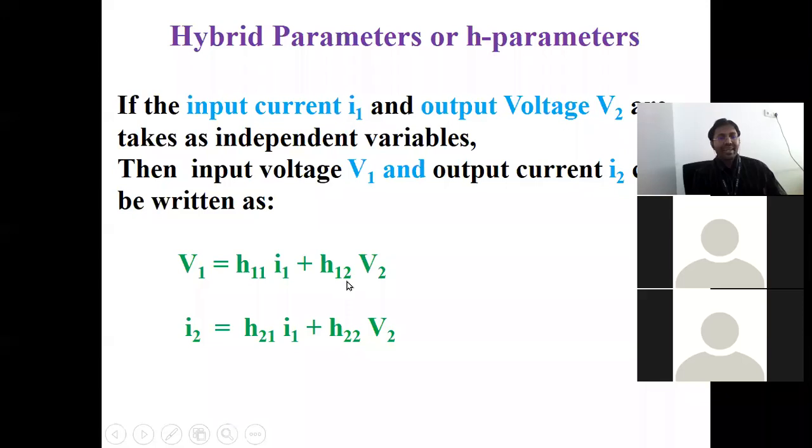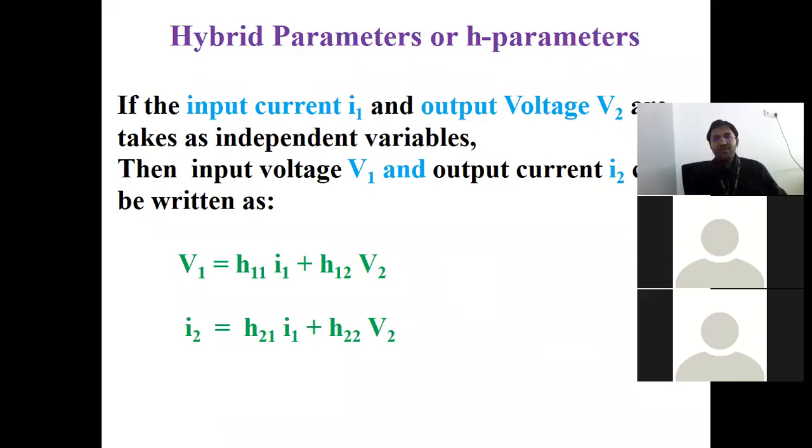Next, can anybody tell me what H12 will be? I want an answer. Think and give me the answer. H11 is simply V1 by I1 if V2 is 0. What is H12? V1 by V2.